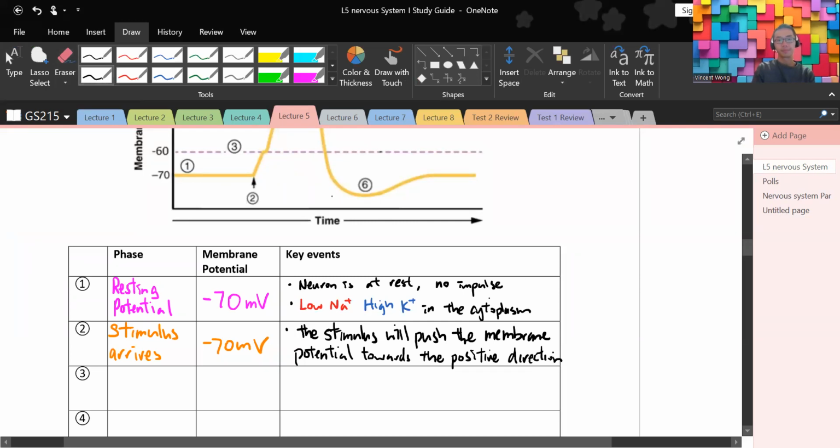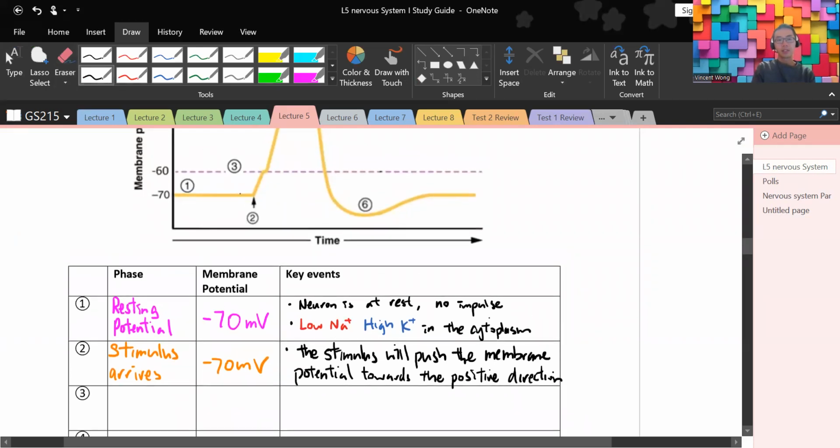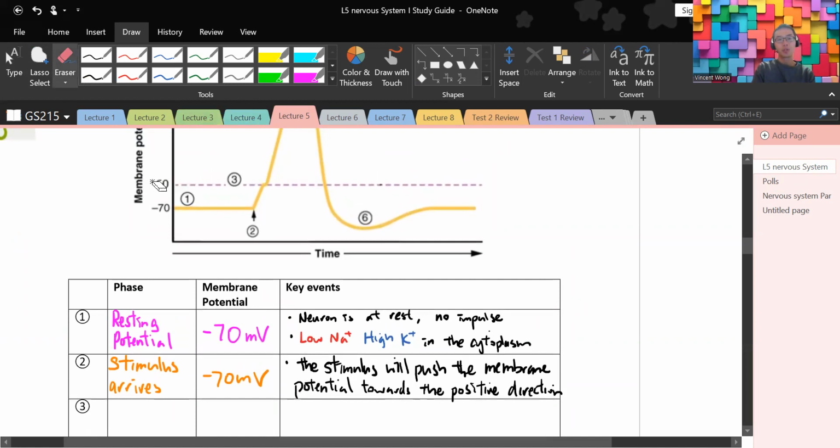Some signals will not be strong enough, so the potential will go up a little bit and then just come back down. But other times the signal will be strong enough to push all the way towards -60.